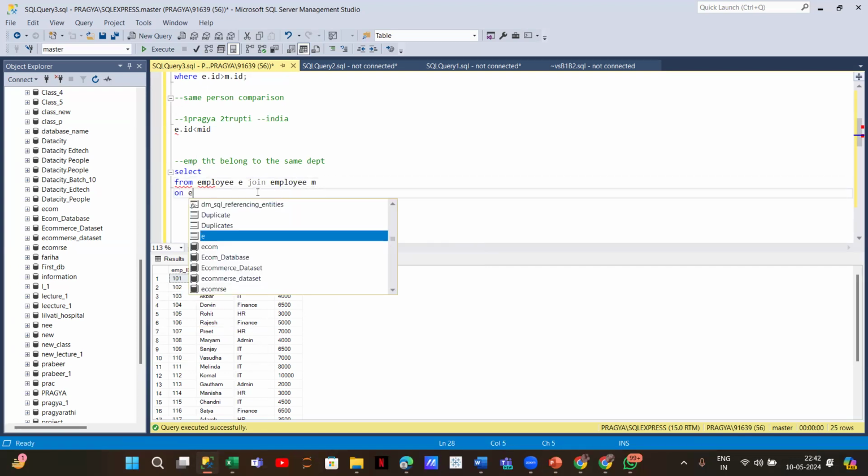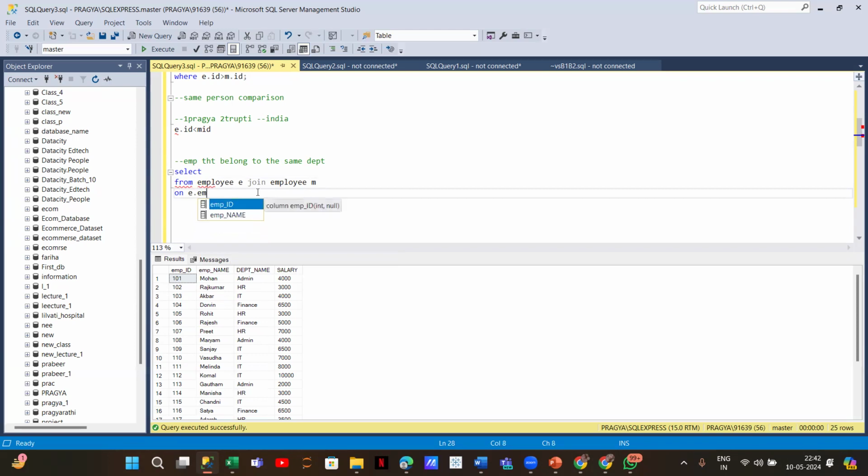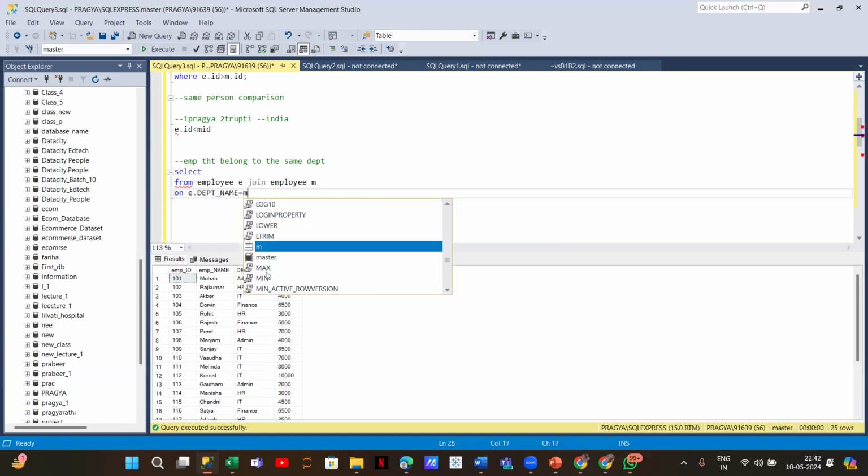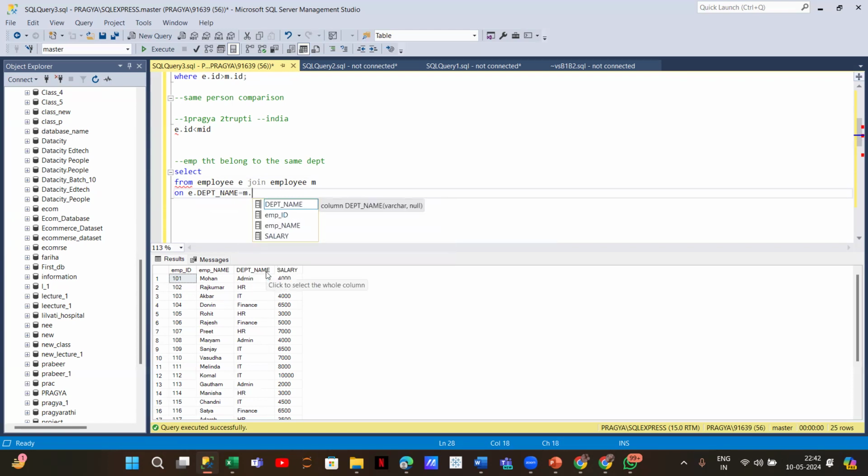And in the on condition, I'm giving that my E dot department should be same. So I will give that in my condition that my department should be the same, and then M dot department name. And I want to remove all the duplicates. So how will I be able to remove it?